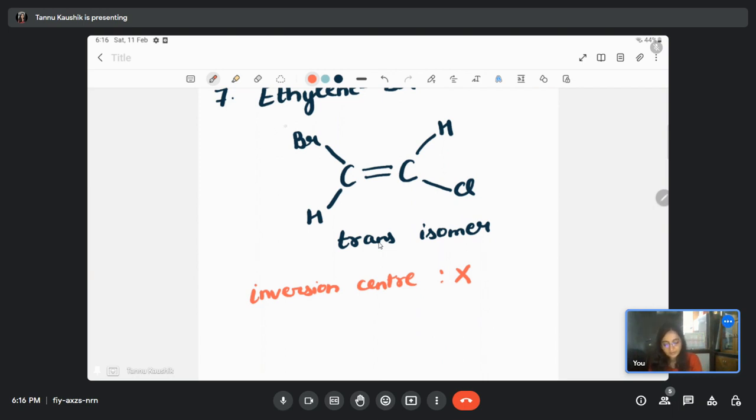We have a C2 axis present along this bond.